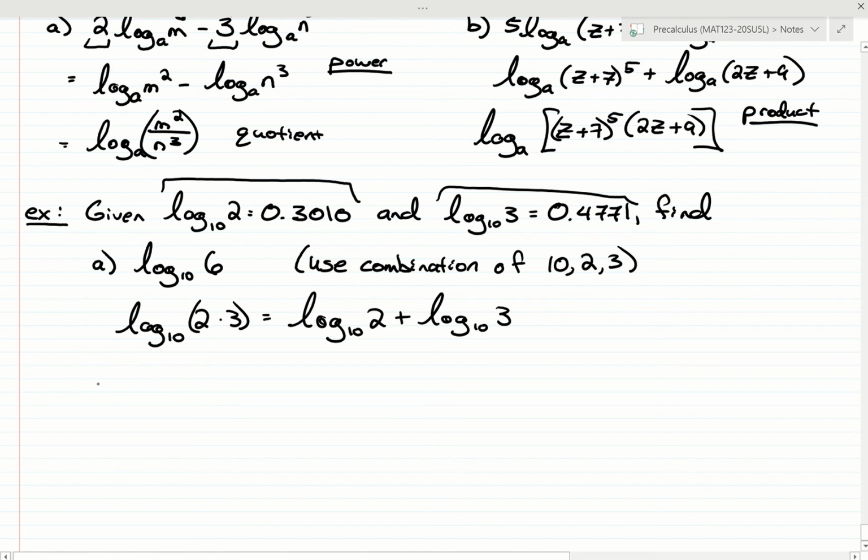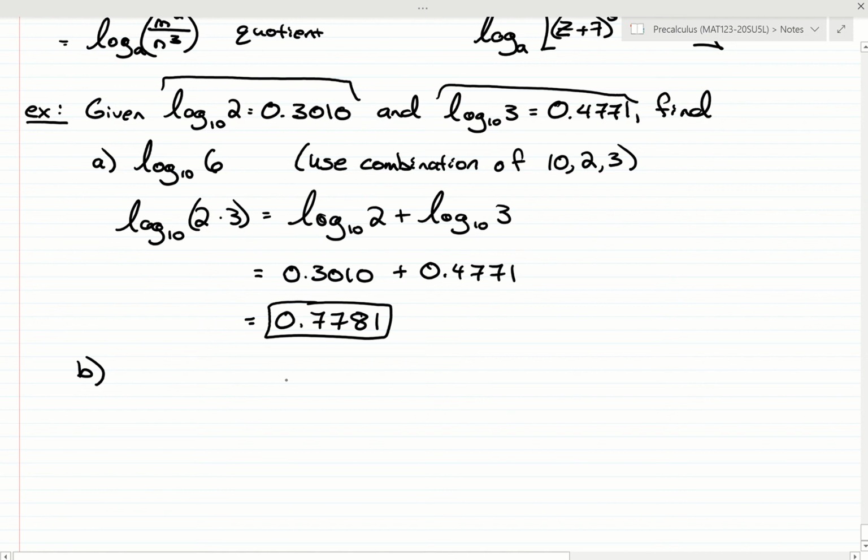We'll do one more, maybe a little bit harder. What if we wanted to find the log base 10 of 18? So think about, how can you get 18 from 10, 2, or 3? So right away I'm thinking that 18 is the same thing as 9 times 2. We have 2, right, from the log base 10 of 2, but how do we get 9?